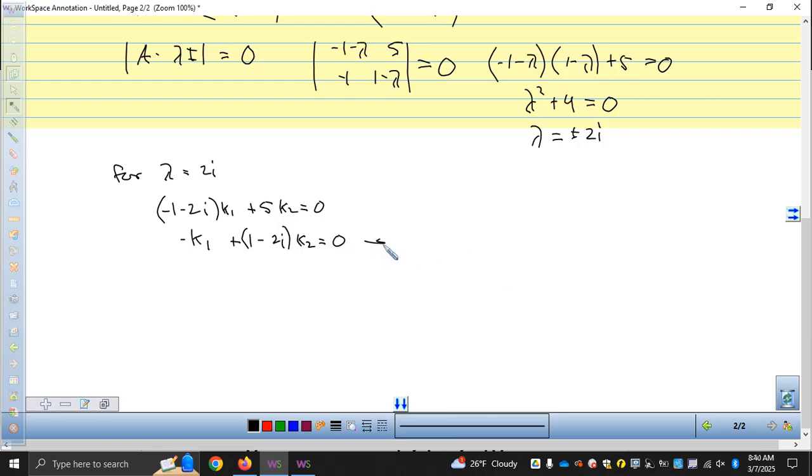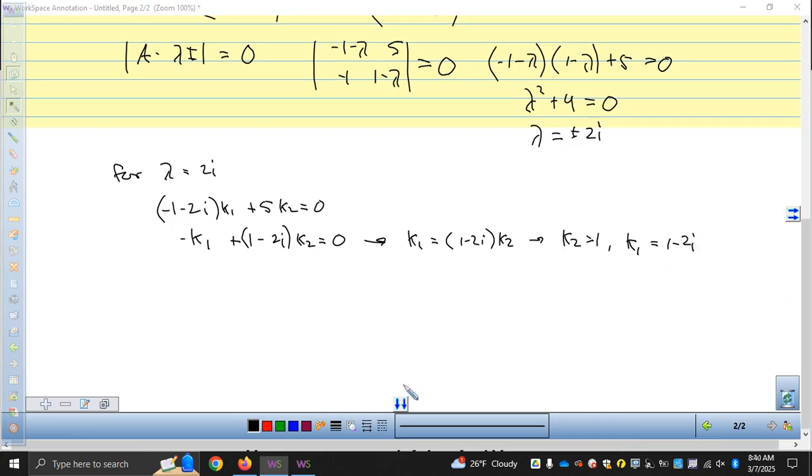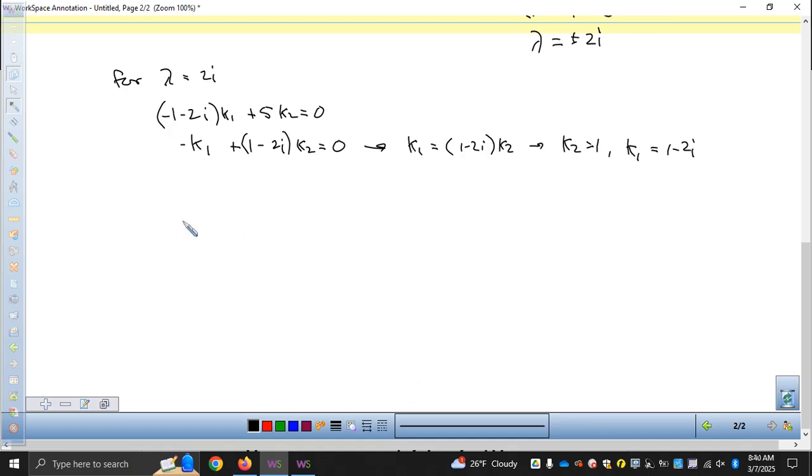I use the second equation. This becomes k1 equals (1 minus 2i) k2. So I said k2 equals 1, and k1 is 1 minus 2i. So our eigenvector is (1 minus 2i, 1), which we can separate into real and imaginary parts.